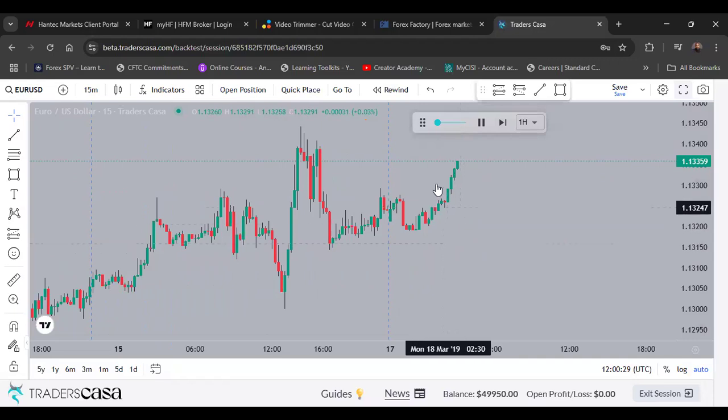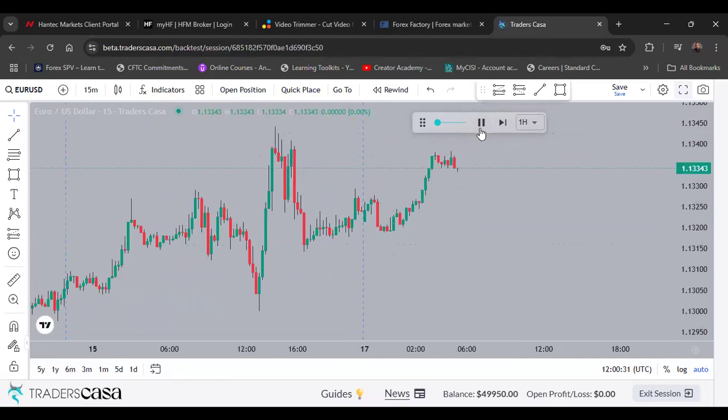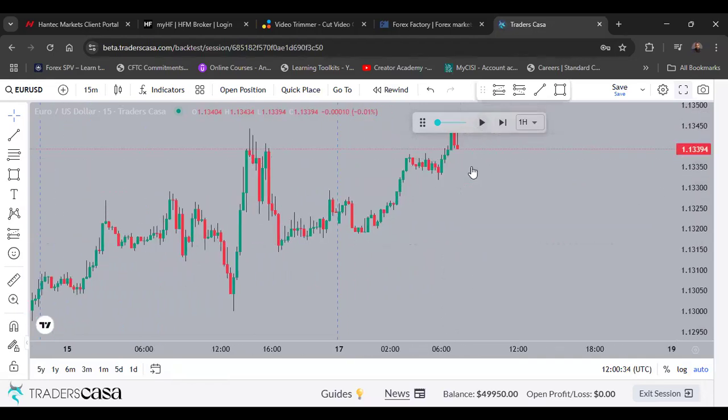So we have three types of market trends. We have the bullish market trend, the bearish market trend, and also the ranging market or the consolidation. With the ranging market, the price movement would be bounded within a range.